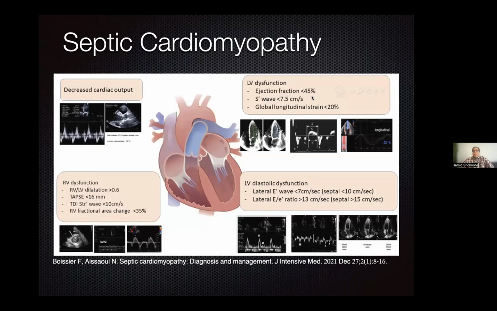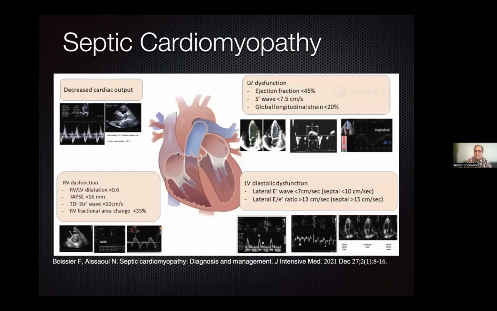And you see the complete picture of cardiogenic shock as a result of the LV not functioning. Also, because it's globally affecting the heart, the RV is affected, and you see the RV-LV ratio going up. So the systolic function of the RV and LV are both involved. At the same time, the diastolic is involved.